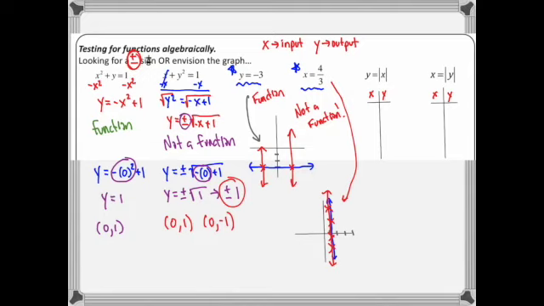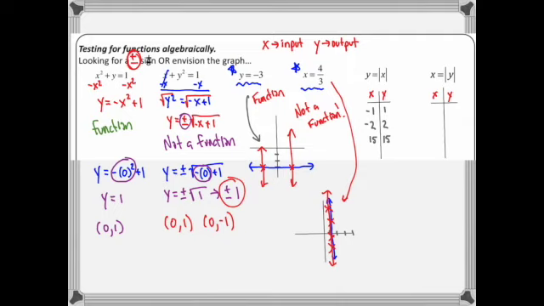For example, if I plug in a negative 1, I'm going to get a positive 1 out. If I plug in a negative 2, I'm going to get a positive 2 out, because I'm just taking the absolute value. And so no matter what, even if I plug in 15, I'm going to get 15 out. I'm just going to get one value out.